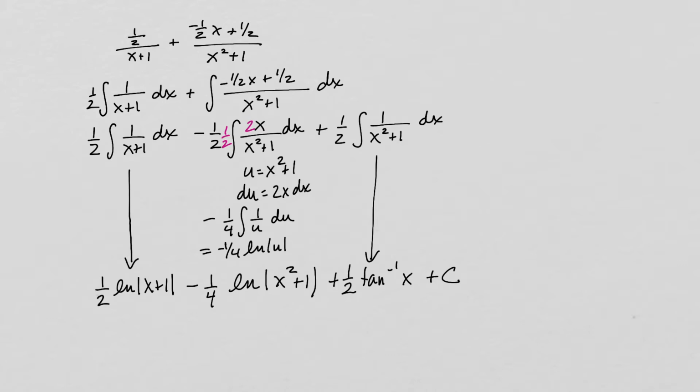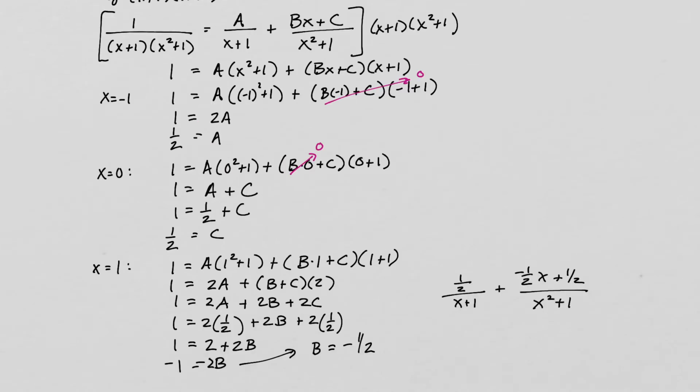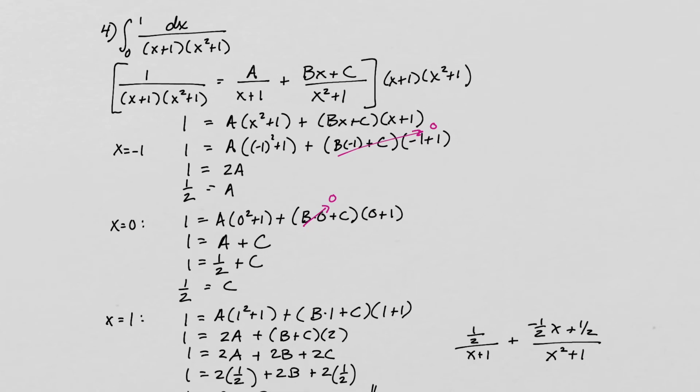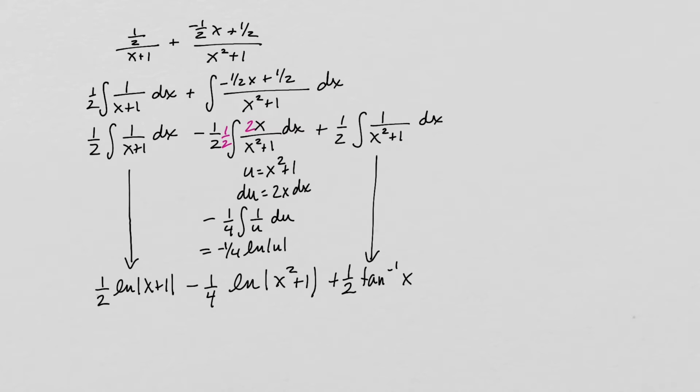Oh, yeah, you're right. There were bounds. Whoops. Get rid of the plus c. The bounds were what here? 0 to 1. Okay. So we're going from 0 to 1.